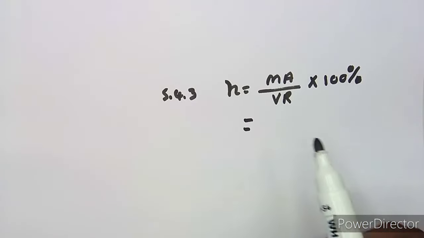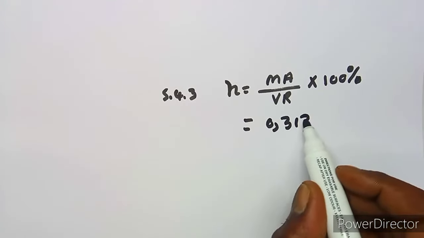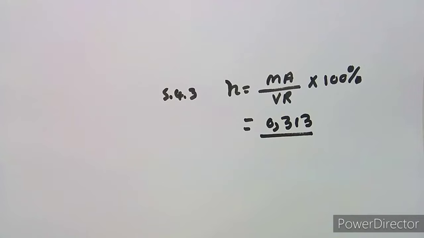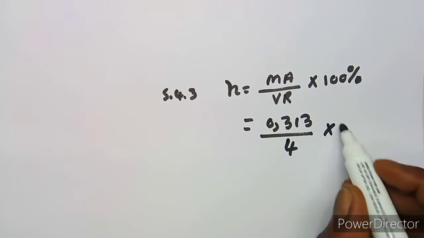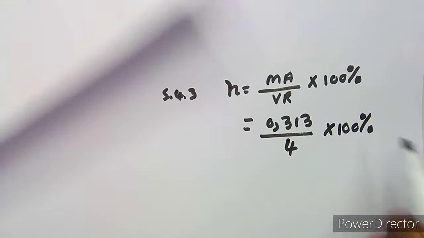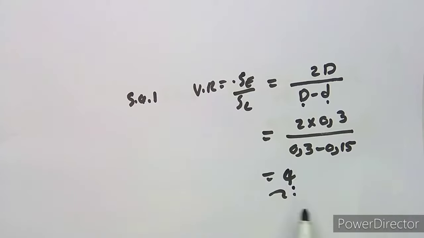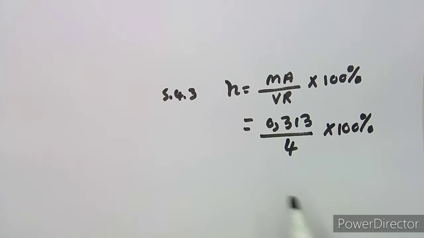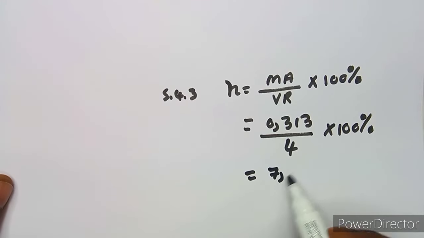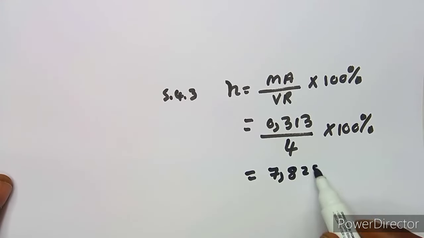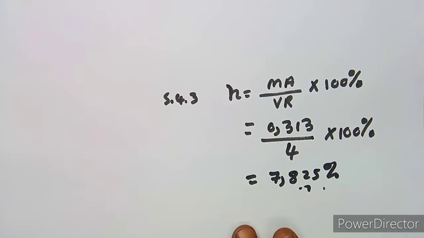We have the mechanical advantage, 0.313, and the velocity ratio, the displacement ratio, which we calculated as 4. So you multiply by 100%, which gives us 7.825, and this is too small. Anyways, that's what we obtained as our efficiency there.